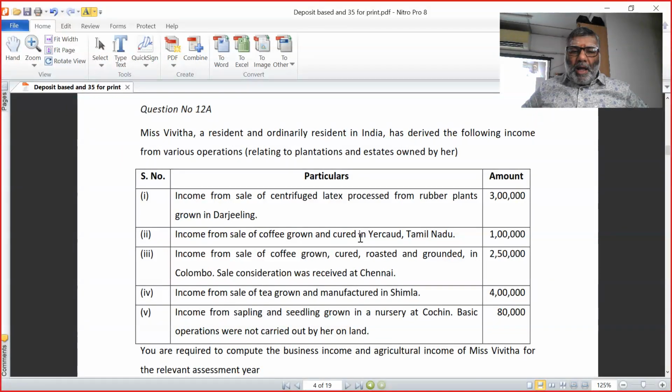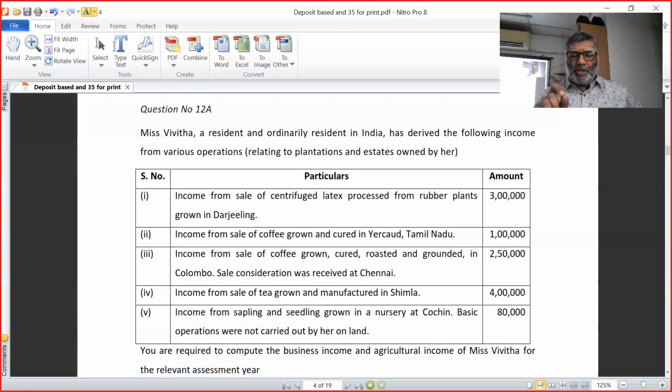Income from rubber plant. Income from sale of coffee grown and cured, so it is not roasted and ground, 75-25. Income from coffee grown, cured, roasted and ground.